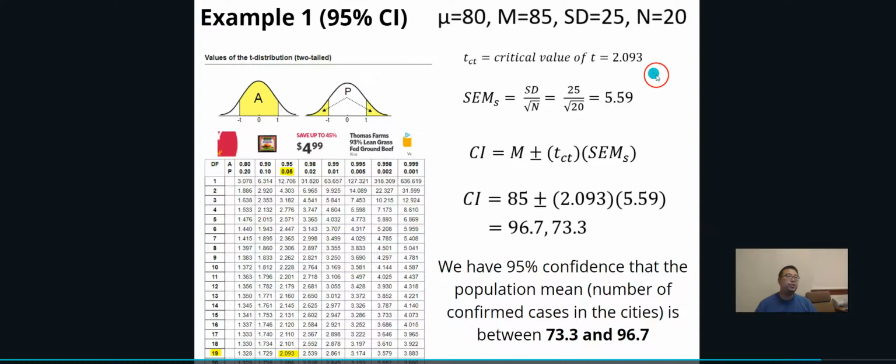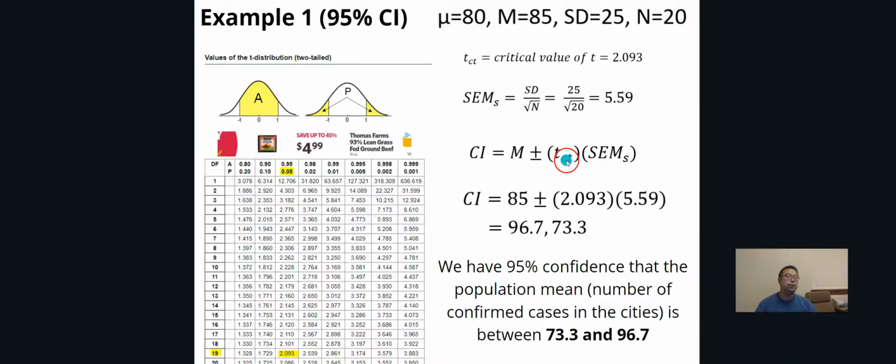By checking the numbers here, we can find 2.093 as the T critical value. Then the sampling error is calculated as the standard deviation divided by the square root of the number of cases. That is 25 divided by the square root of 20, which is around 5.59. Usually you can round to two decimal places.